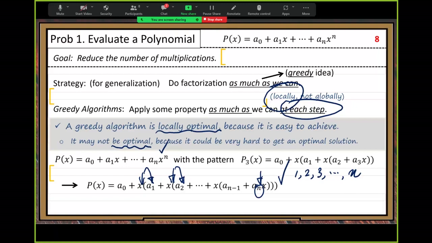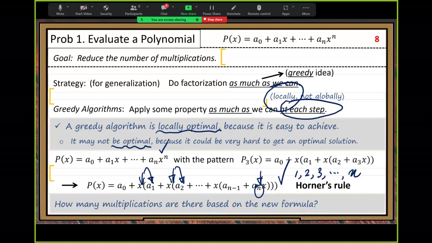Then you can see that after this final round of factorization and the counting, we get this method, which is called Horner's rule. Horner's rule method.